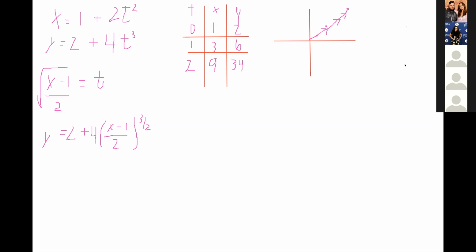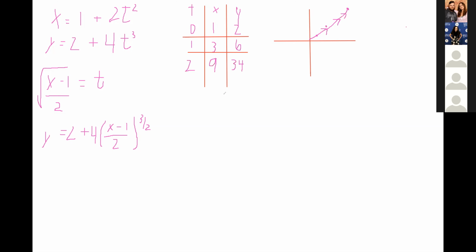And then B is find the equation of the tangent line at t equals 1. Find where the curve is increasing and decreasing. So the slope of the line tangent to C, where C is a parametric curve, is defined as the derivative.